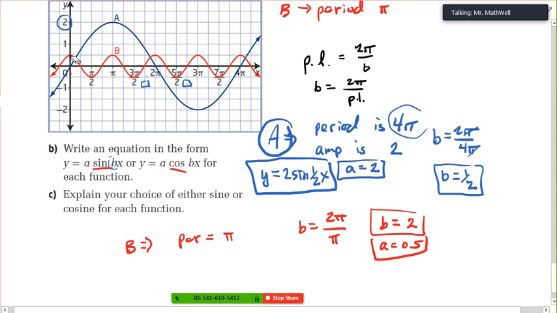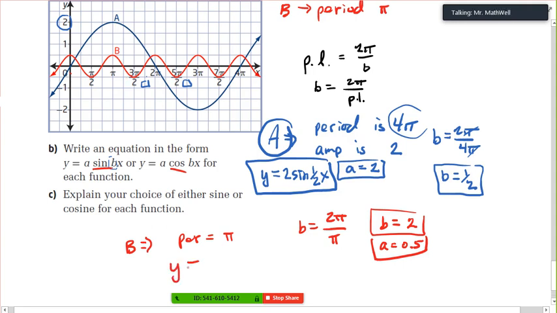The cosine starts at the maximum, doesn't it? At x equals 0, it starts at a maximum, goes down to a minimum, then back up to the maximum. That's the general shape for y equals cos of x. So I think it would be wise for us, so we don't have to shift left or right, to use cosine for the red graph. So no transformation, no translation.